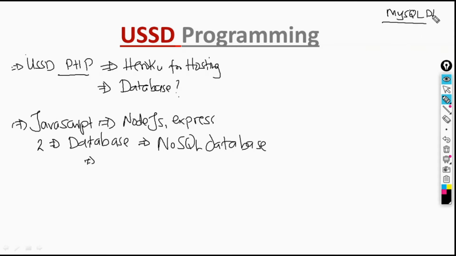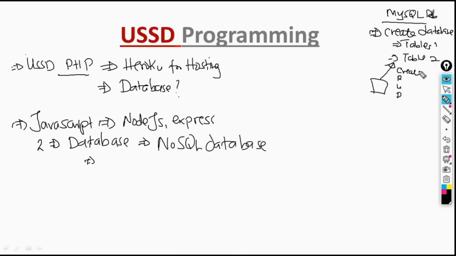With a MySQL database, the first thing you do, of course, is you create the database, then you create tables, a lot of them, table 1, table 2, then you use a language to send data back and forth, and that is what we call CRUD, to create, read, update, and delete data.